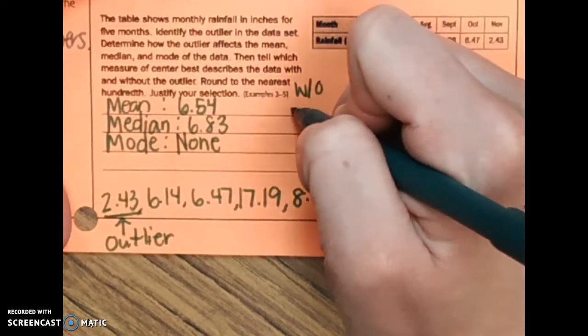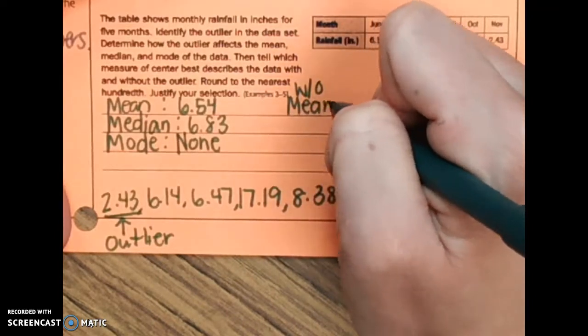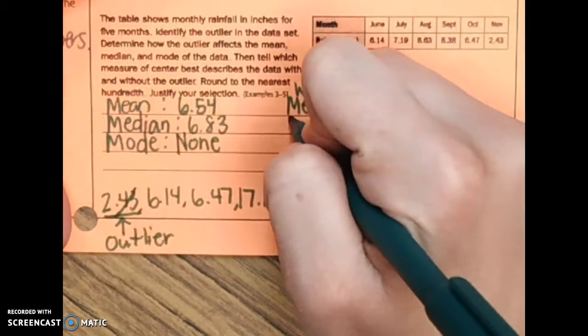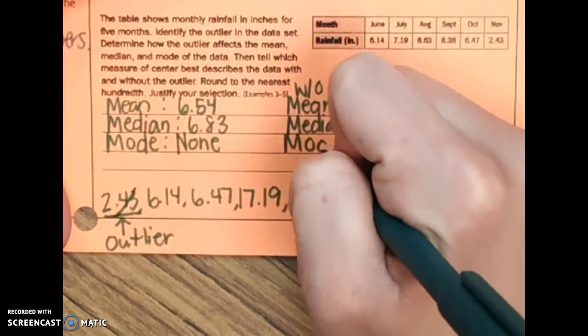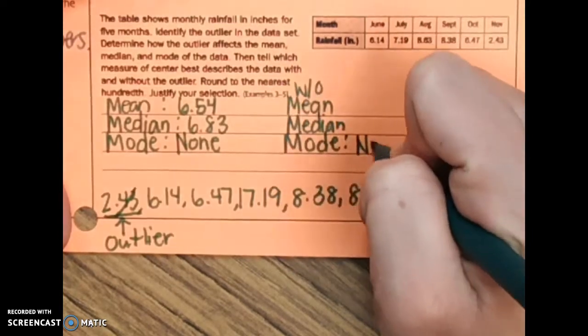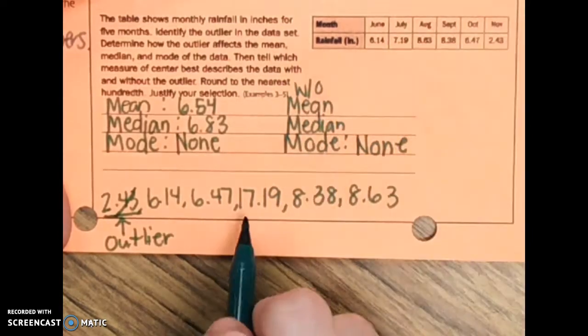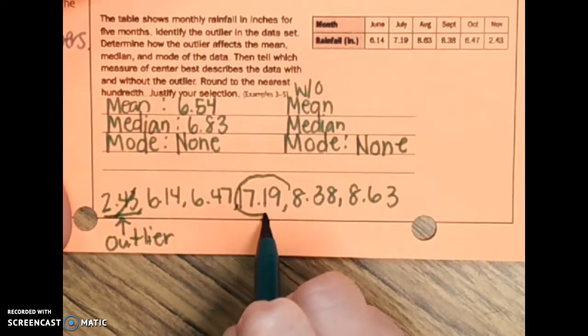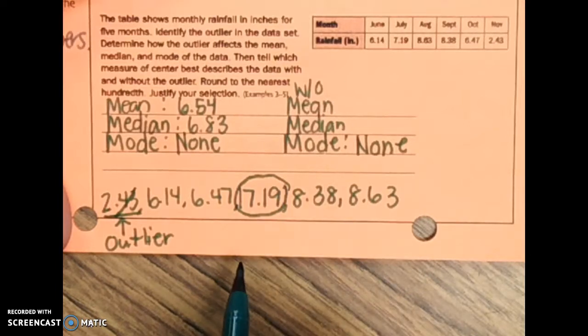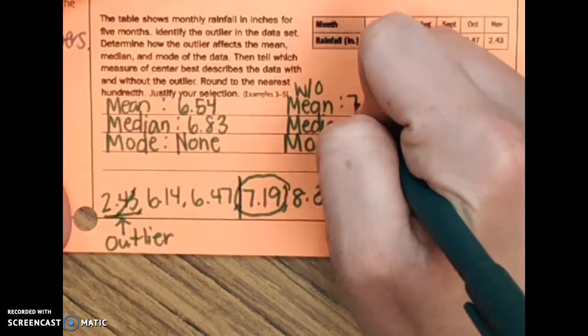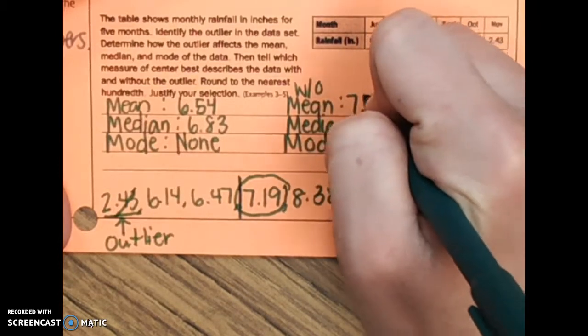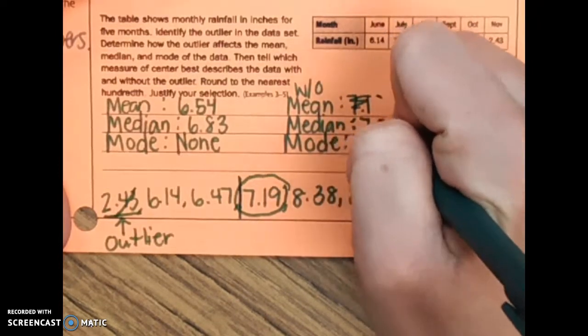Now we're going to go without the outlier, so I'm going to cross that little guy off. Mean, median, and mode. I know right off the bat, mode is going to be none because there's still no repeated numbers. The number in the middle now is 7.19. Oh, I'm sorry, the median is 7.19.